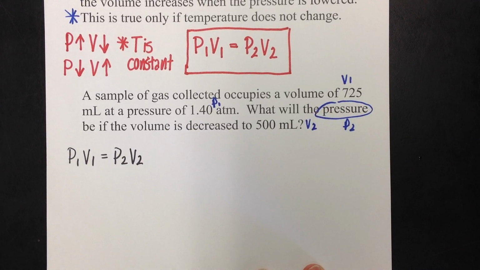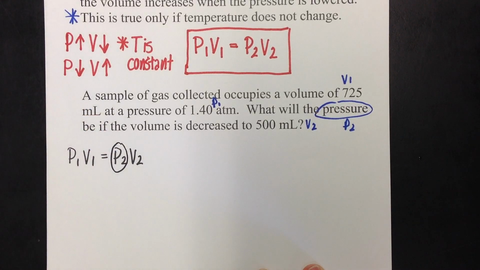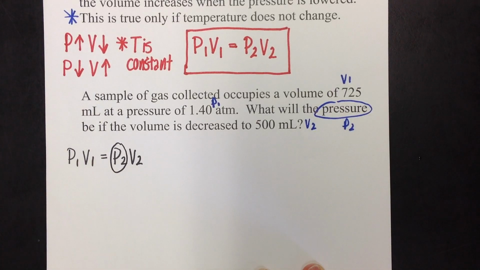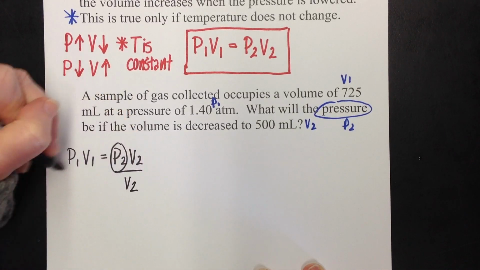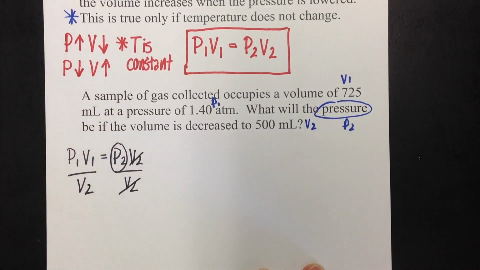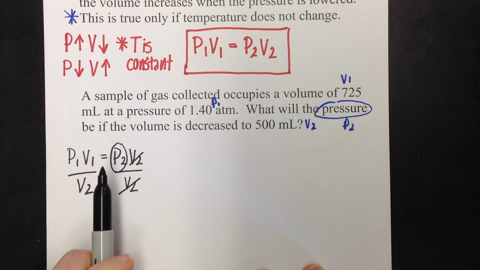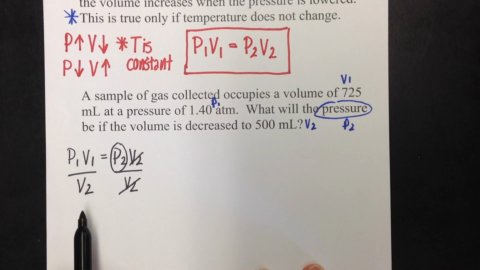We can make this easy. We are solving for P2. So what I tell those students to do is circle what you're solving for. Your goal is to isolate that. You need to get P2 all by itself. How do we do that? We divide both sides by V2. The V2s cancel. So what you have is P2 equals P1 times V1 over V2.